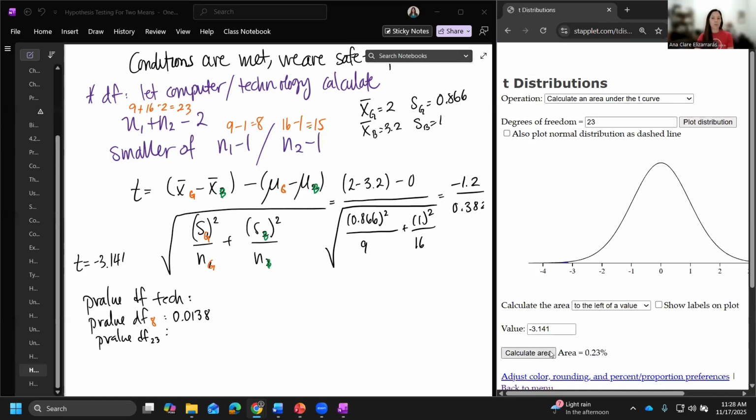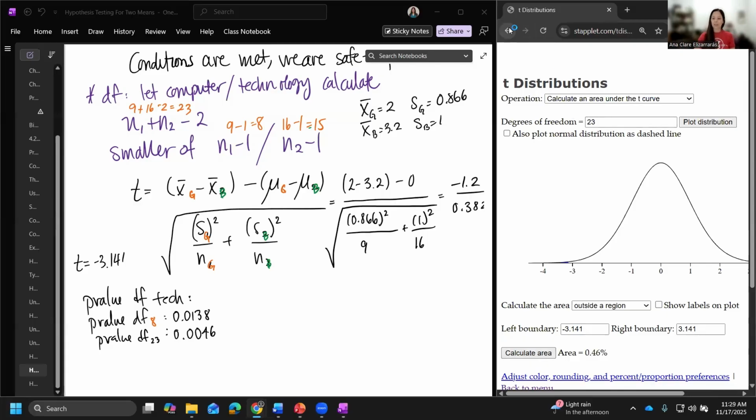We get 0.23%, which we would double, or we go outside negative 3.141 and 3.141, which is 0.46%. So that is 0.0046, which is smaller. So the area, when you use the higher degrees of freedom, is even smaller.